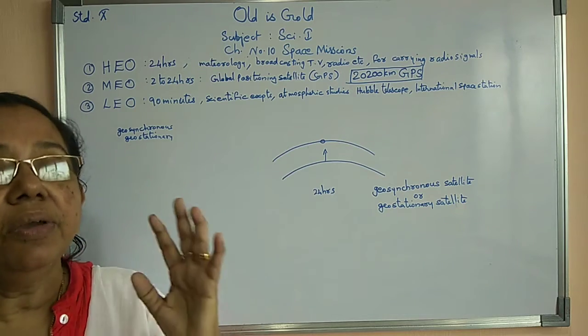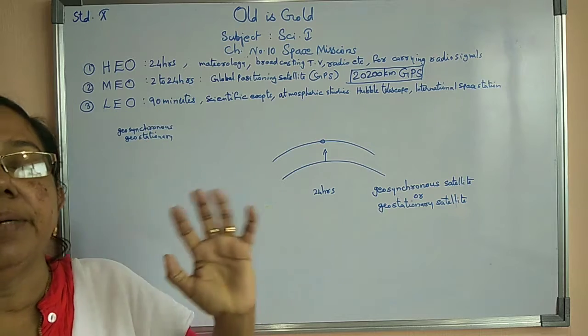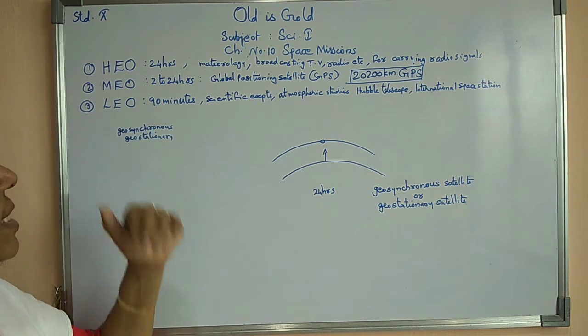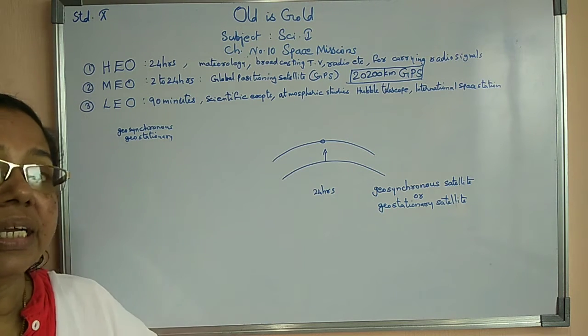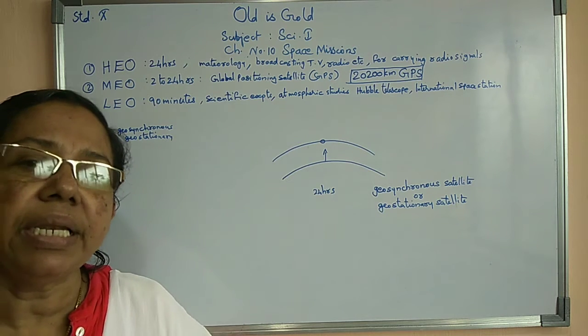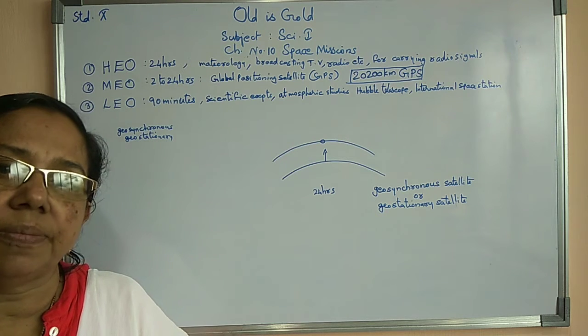For finding that, we can use medium Earth orbit satellites. Then the other one is the low Earth orbit satellite. This low Earth orbit satellite takes only 90 minutes to revolve once around the surface of the Earth.